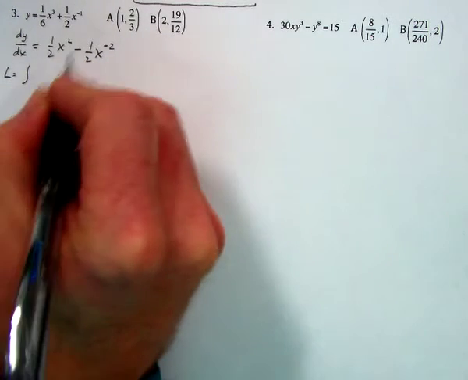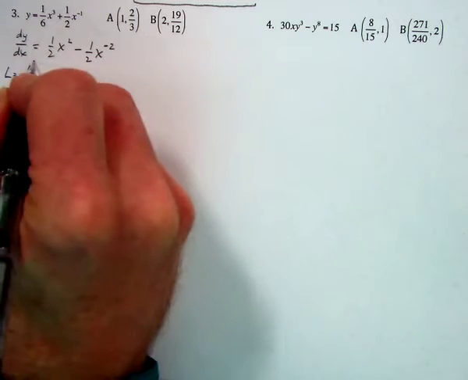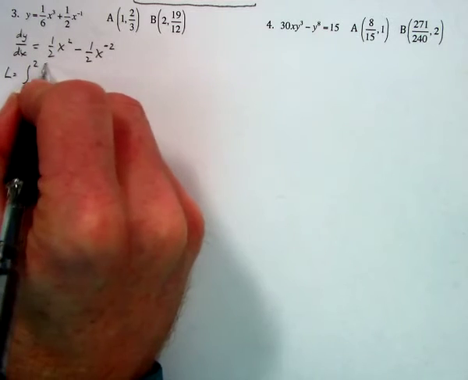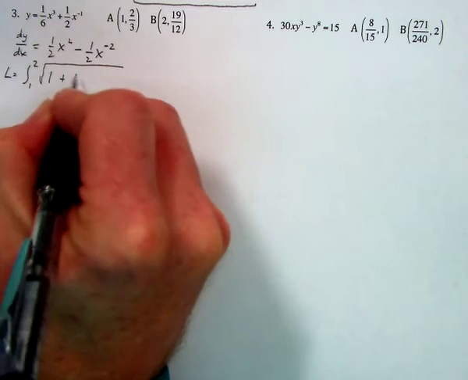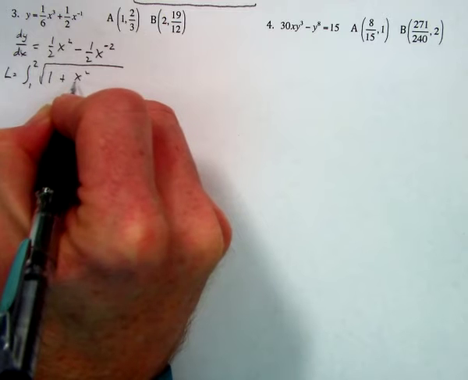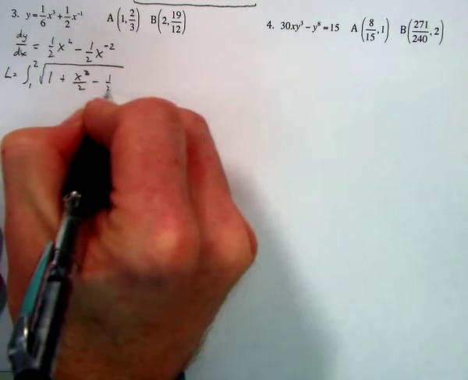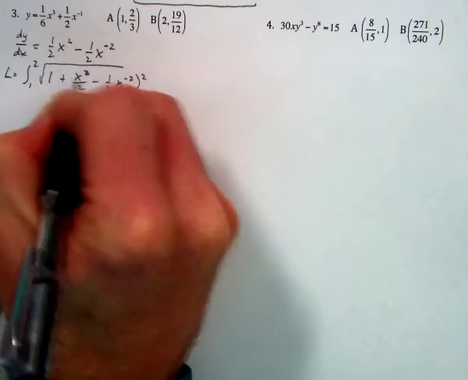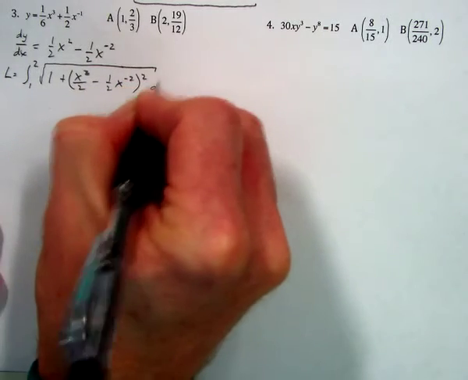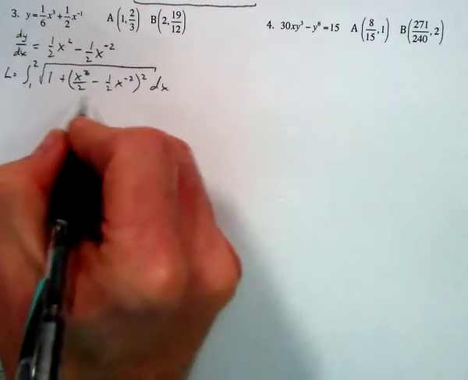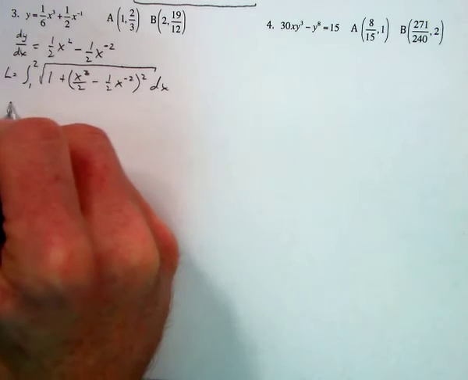L, we're in terms of x, so we're going to go from 1 to 2. The integral of the square root of 1 plus x squared over 2, minus 1/2 x to the negative 2, quantity squared, dx. We need to multiply all that stuff out.